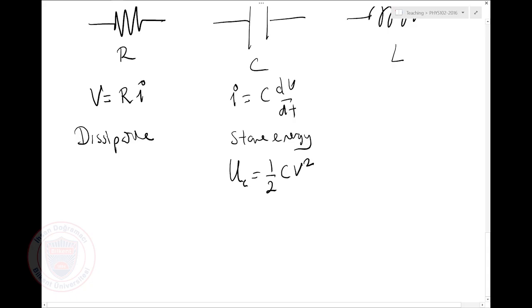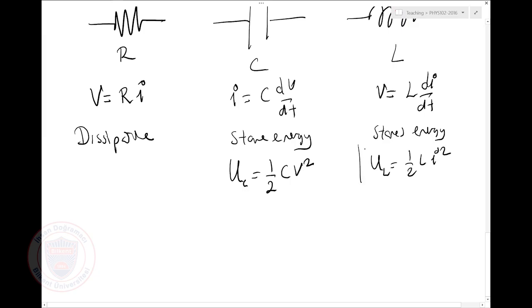Similarly, for the inductor, my fundamental relation is V is L di dt, and again stores energy. And now my UL will be 1/2 L I squared. Okay? So the energy you pump into an inductor does not go away, it's not turned into heat.